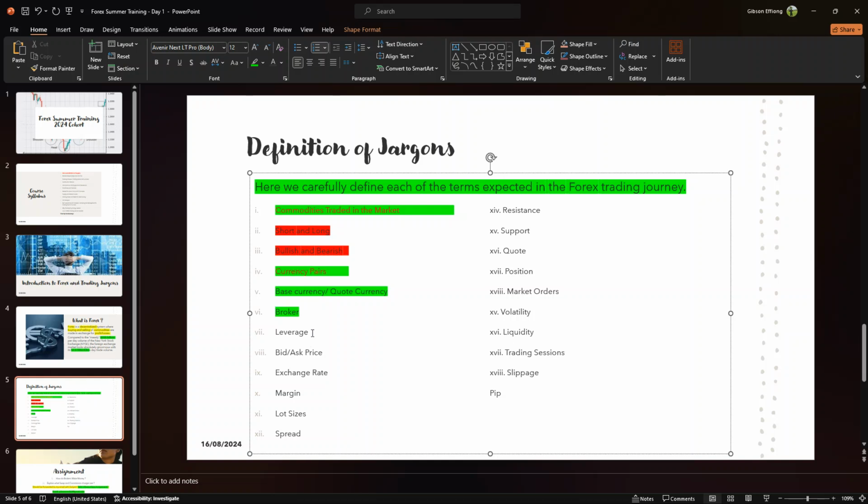Leverage is actually the opportunity or the privilege you tend to enjoy from a broker. Let me use an instance like I illustrated before. First Bank will come to you and tell you that for you to bank with us, we are offering you discounted charges. That's why so many persons choose OPay ahead of First Bank.